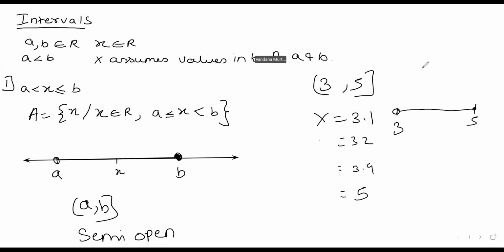तो ये हो गए 4 तरह के, ये इंपॉर्टेंट टाइप ऑफ इंटरवल्स है. 4 तरह के इंटरवल्स: ओपन, क्लोज्ड, semi-open, semi-closed. Let us revise all the 4 types of intervals. First is open.